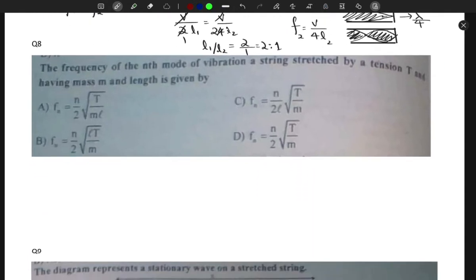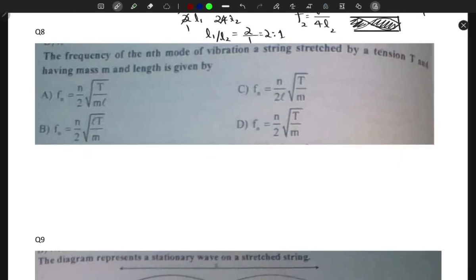Alright, so let's move on to question number 8, and the question reads that the frequency of the nth mode of vibration in a string stretched by some tension T and having a mass m and length L is given by what? So we have to find the expression for the frequency for any nth mode of vibration, for a string that is stretched, and the stretching force is this tension T in that string.